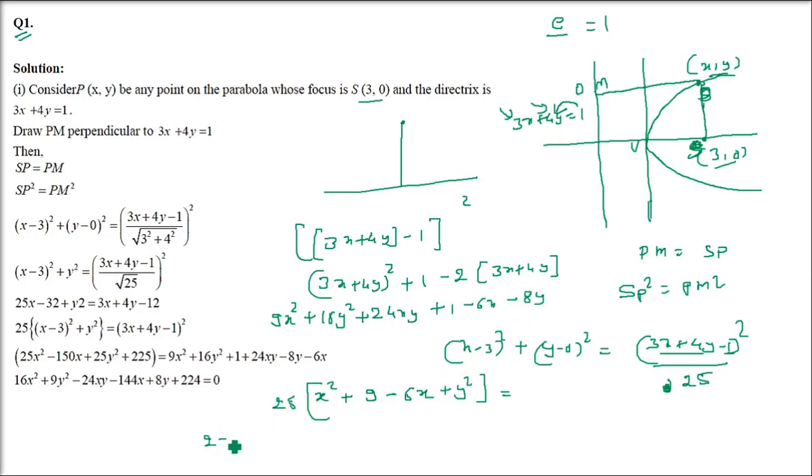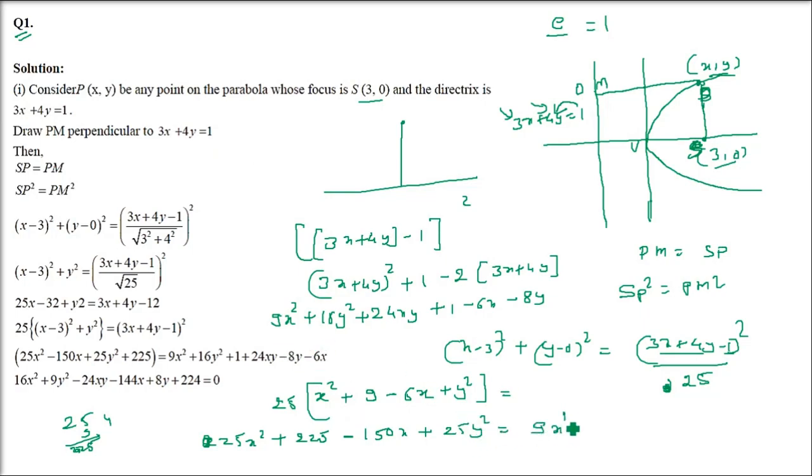And let us multiply 25 also here: 25x square, and 25 into 9 is 225. So let us check it also. 5 fives are 25, 5 nines are 45, so 225. And then we have a minus 25 into 6, which is 150x, and then 25y square.